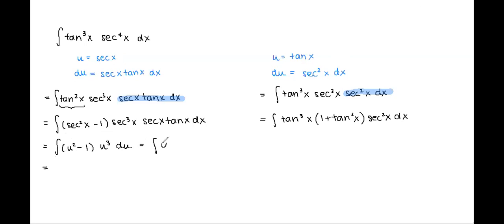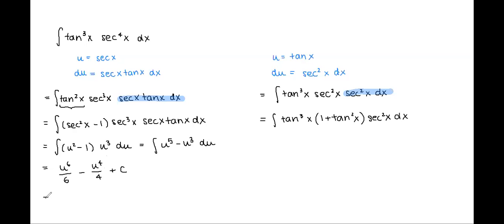So that means I would get the integral of u to the power of 5 minus u to the power of 3 du. And when I integrate, that would give me u to the 6 over 6, minus u to the power of 4 over 4, plus c. The plus c I'm going to put afterward.